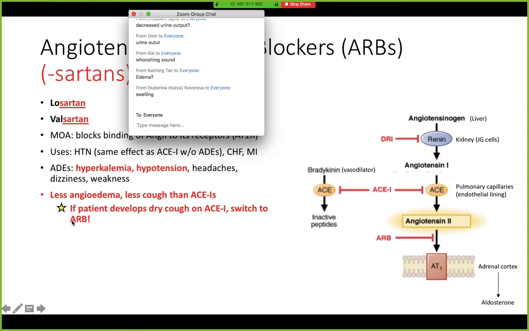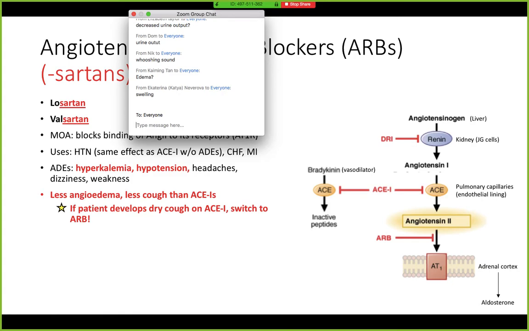His WBOT would be that if a patient develops a dry cough on an ACE inhibitor, you're going to switch them to an ARB. And last year somebody asked, well, if ARBs come with fewer side effects, why don't we just start people on ARBs to begin with and avoid the angioedema or the potential for that?